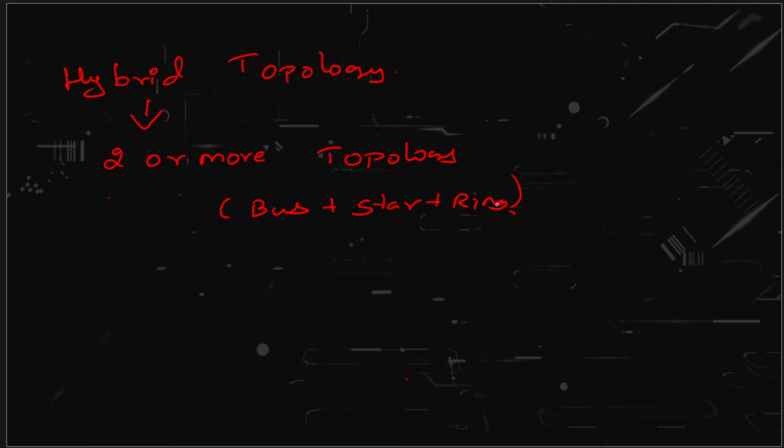Imagine a company where the marketing team uses a star topology. So imagine in a company we have a marketing team. So here they use star. Let's assume that it's here.